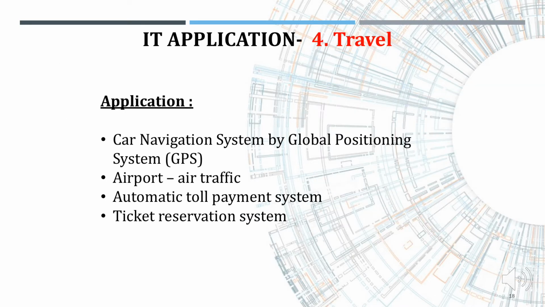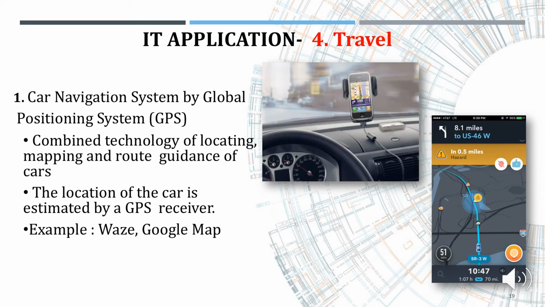And one more type of application is for traveling, for example, using GPS. One example combines the technology of locating and mapping.